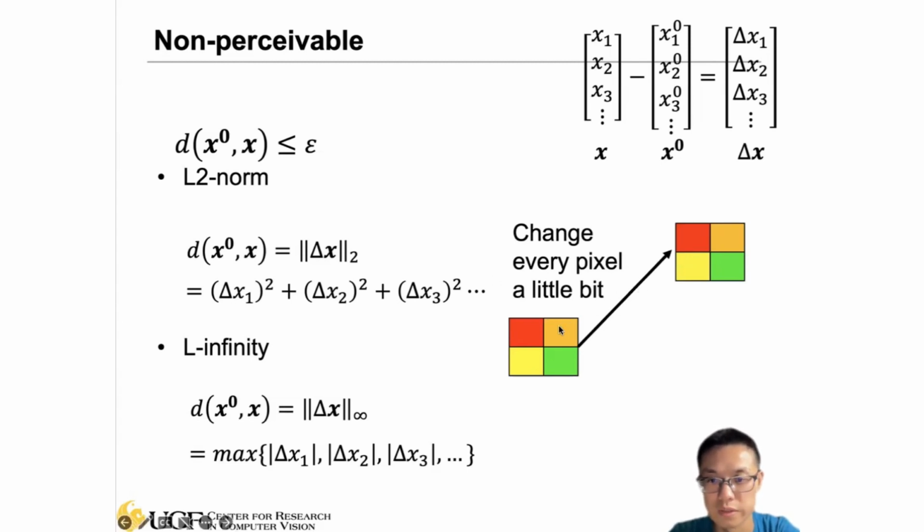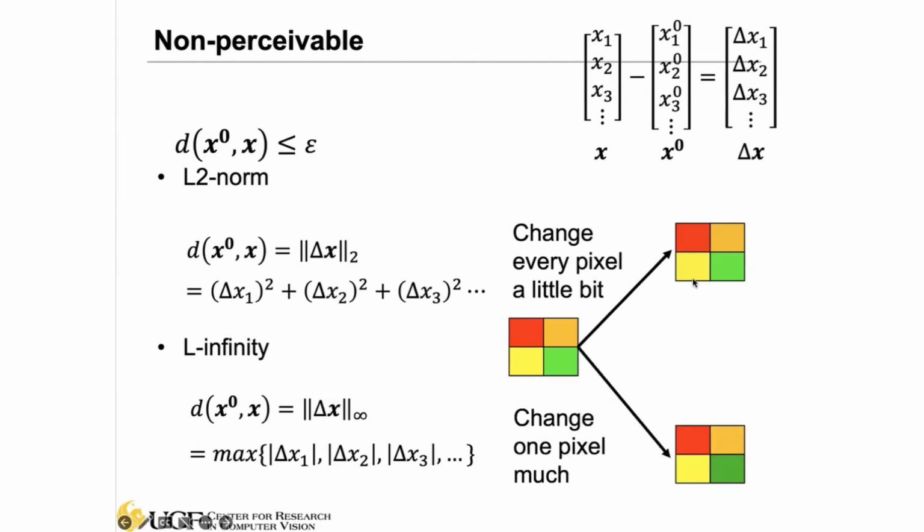So we add a small noise to every pixel. In this case, we generate a perturbed image that may look like this, and because the change we add to the image is very small, here I purposely made them look the same in terms of color and contrast, so you are not able to tell the difference.